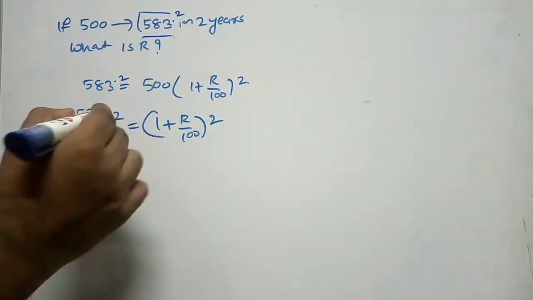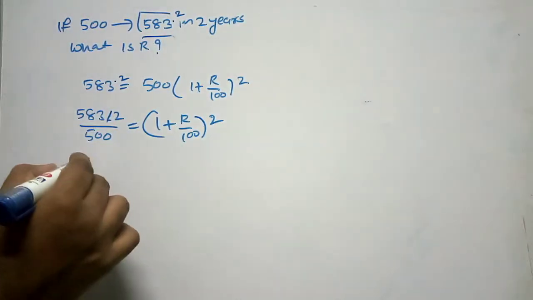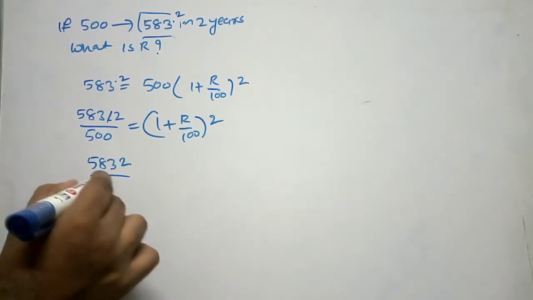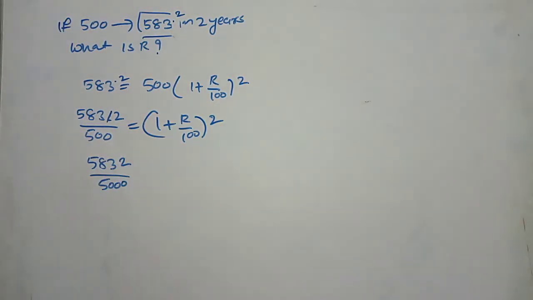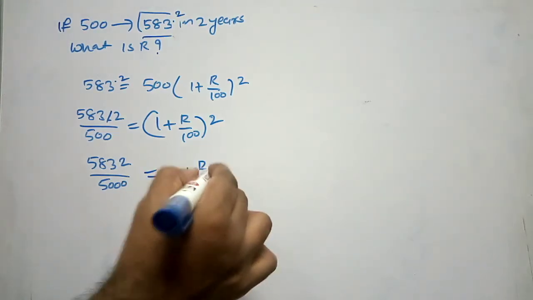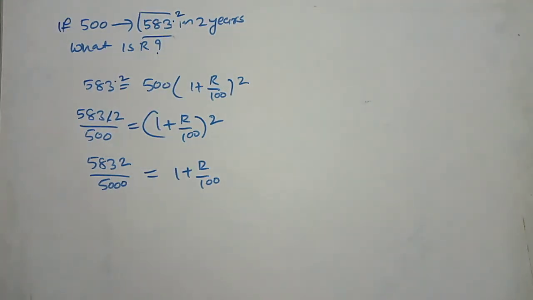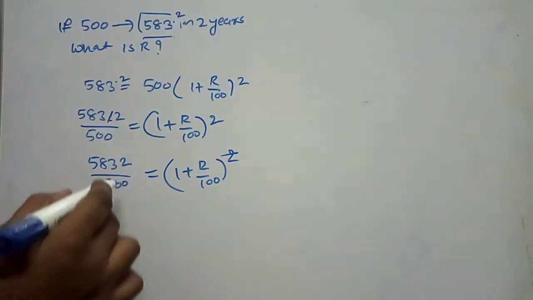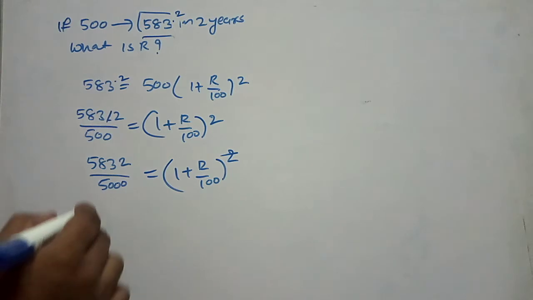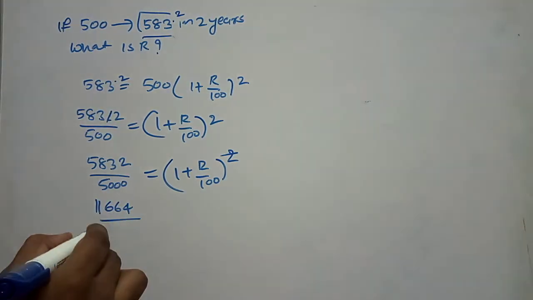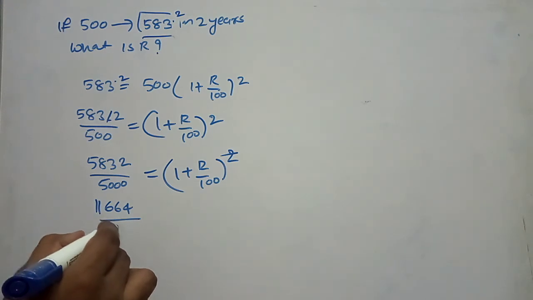So this is one notation. I am going to remove the decimal by adding 0: 5832 divided by 5000 is equal to 1 plus R by 100 whole square. To remove the 5, I am just doubling this: 11664 divided by 10,000.